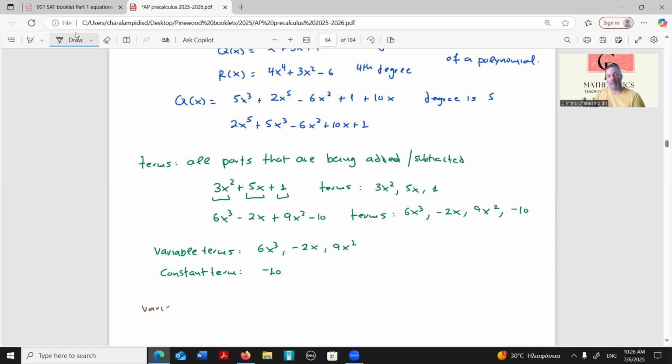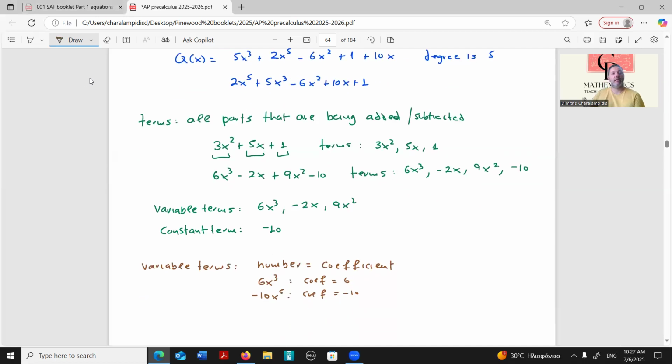In the variable terms, the number is called coefficient. So for instance, in the 6x cubed, the coefficient is number 6. In the -10 x to the power of 5, the coefficient is -10.